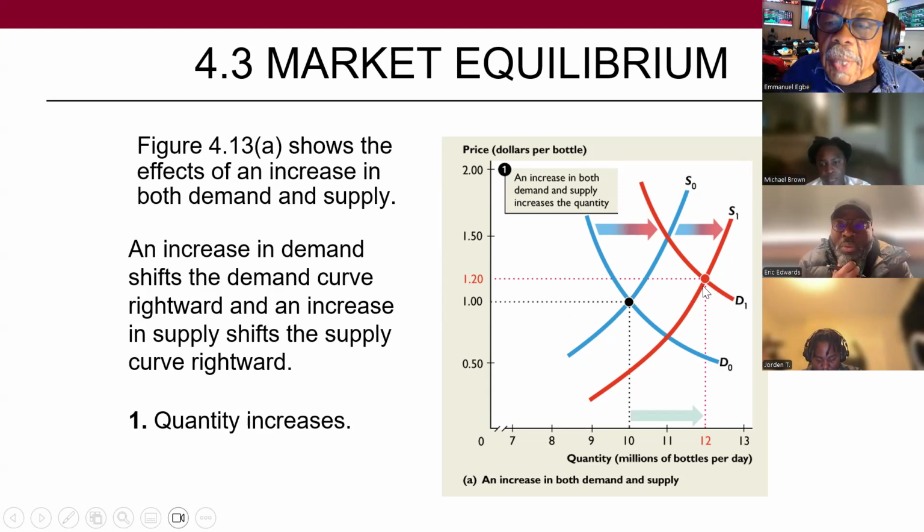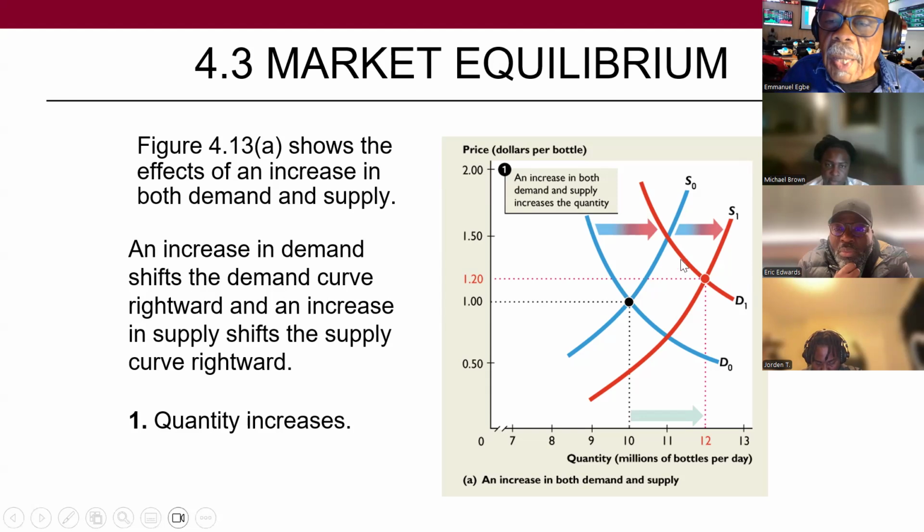Now, suppose that the increase in demand was so much higher than what you have here, and the increase in supply was a little bit less. The equilibrium price could also increase because the increase in demand is so much higher than the increase in supply.